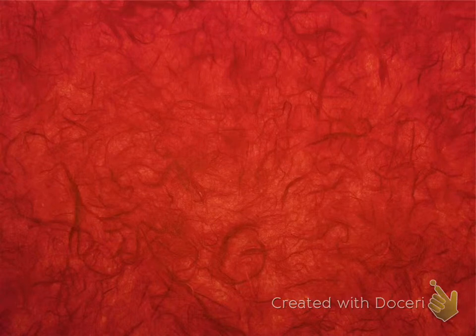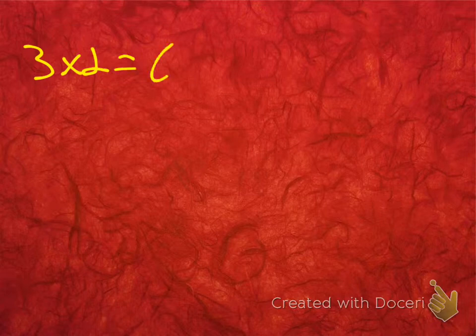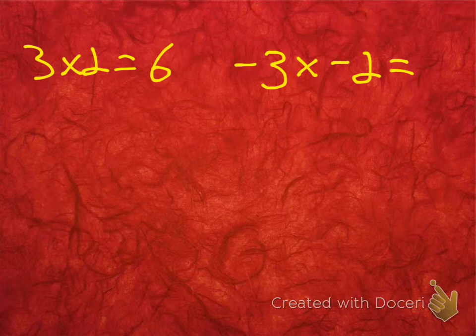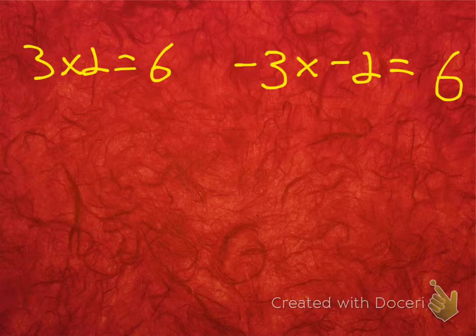An example of this. 3 times 2 is 6, right? As always. Negative 3 times negative 2. 3 times 2 is 6. Both of them are negative, so my answer is now a positive. The signs were the same.